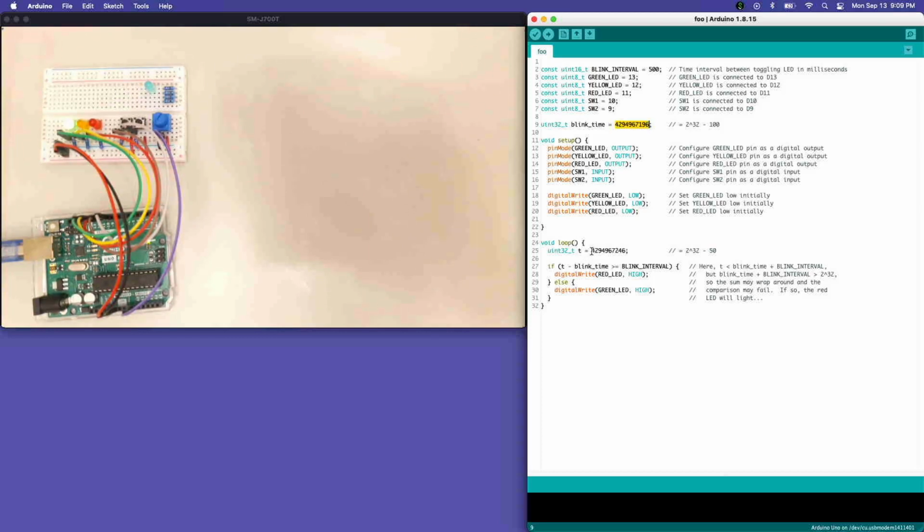And then I made t another large number, which was 2 to the 32nd minus 50. This is still a number that fits within a 32-bit unsigned integer.